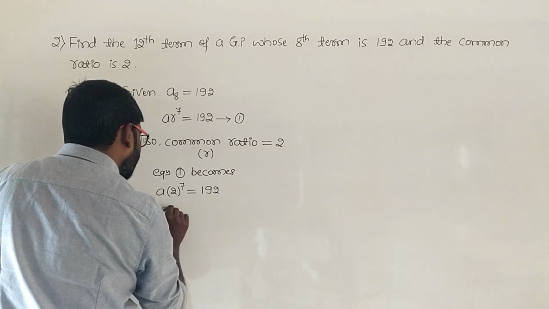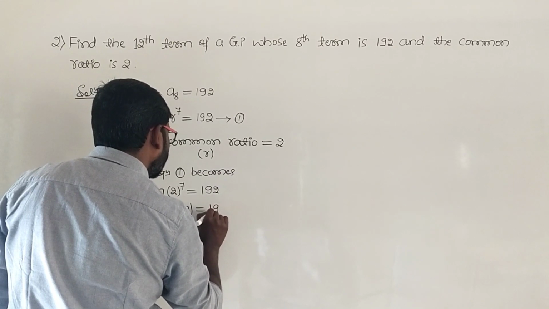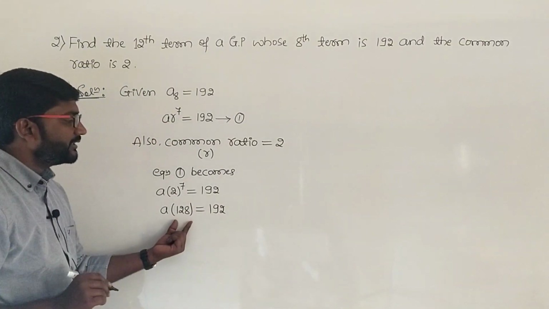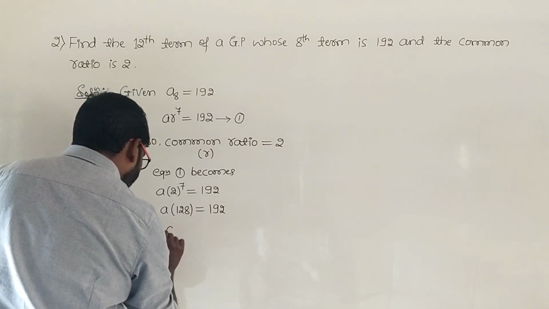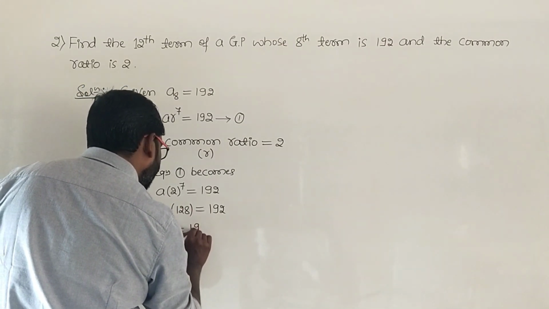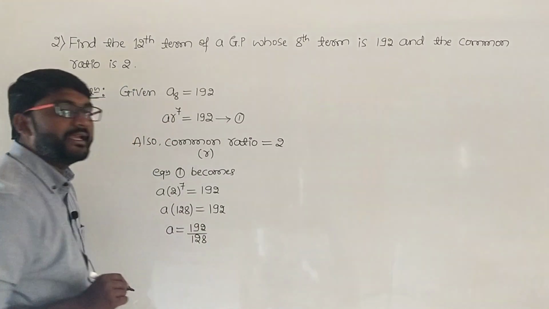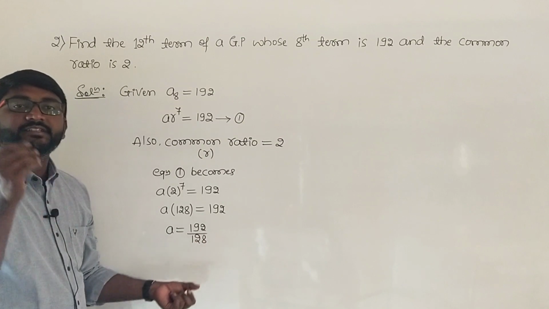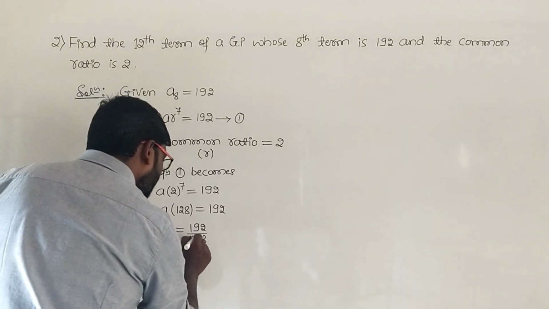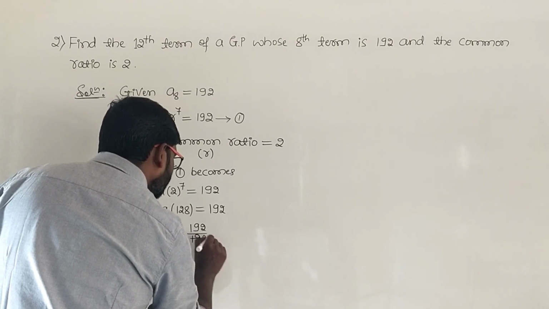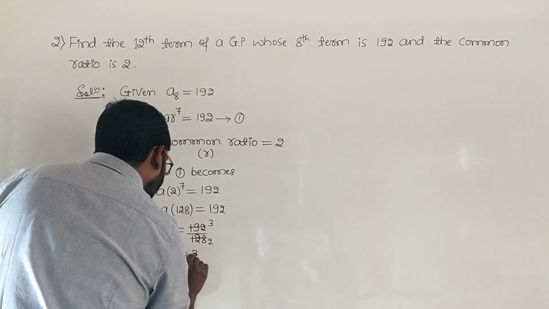So A into 128 equals 192. Now take 128 to the right hand side, it goes to the denominator. So A equals 192 divided by 128. These cancel in the 64 table: 64 twos are 128 and 64 threes are 192. So the A value is 3 by 2.